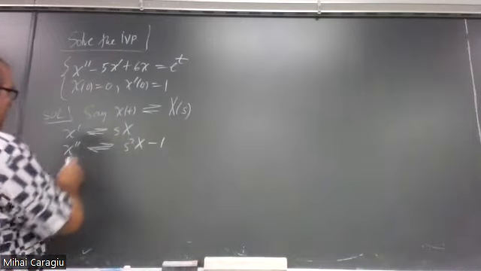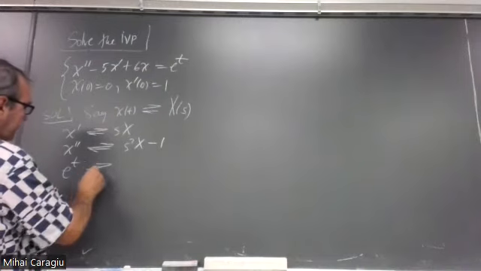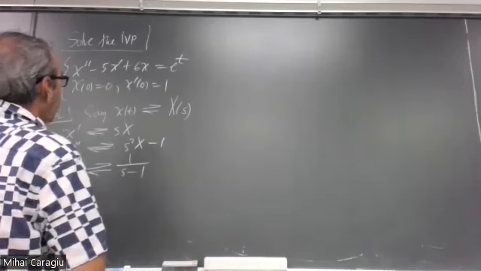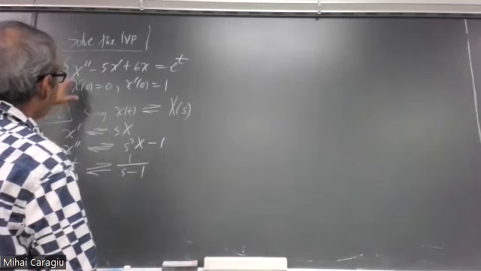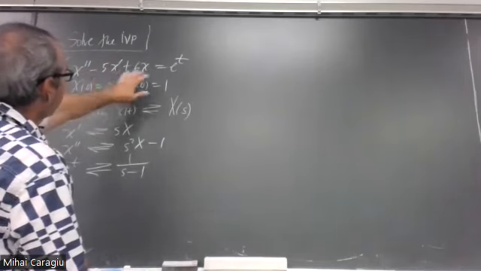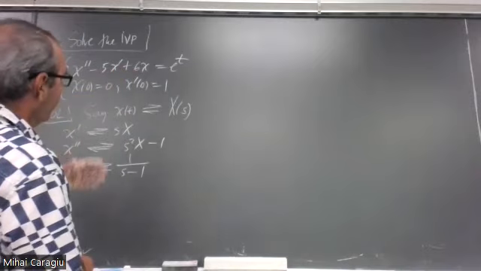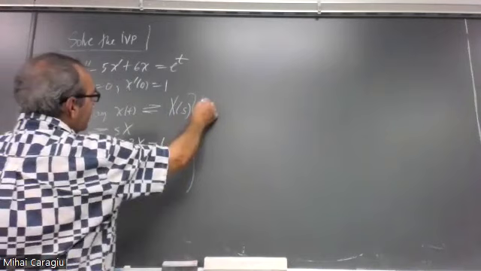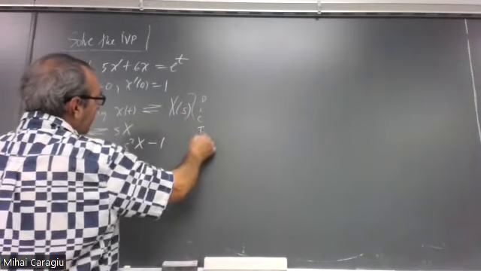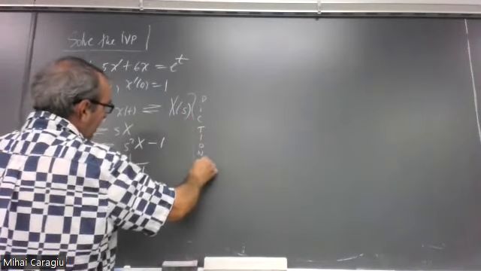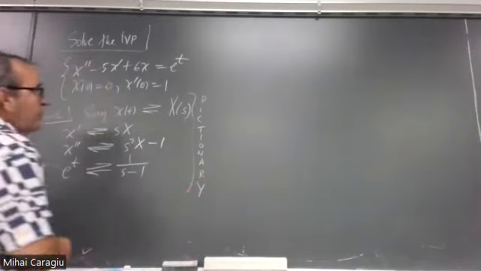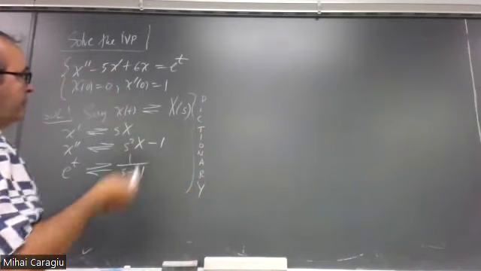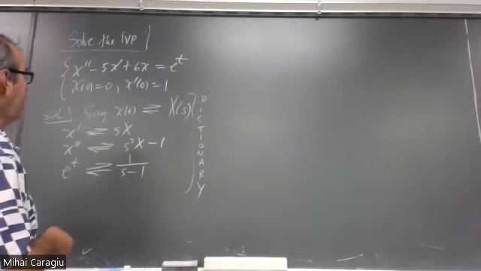Then e to the power t also transforms into 1 over s minus 1. So this is like a dictionary which we use to reformat the differential equation into an algebraic equation, right? This dictionary will be used to transform the differential equation into an algebraic equation. That's the philosophy of the Laplace transform discussed at the beginning.